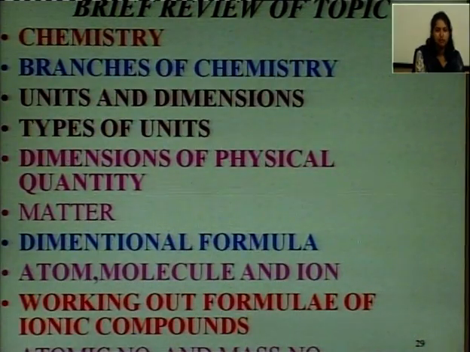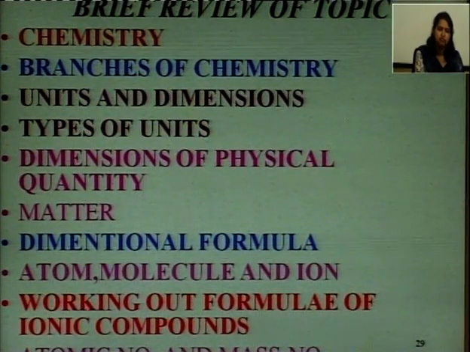What is the dimensional formula? The dimensional formula is the expression which shows which of the fundamental units, and with what powers, are taken in the expression of a derived unit. Then I explained atom, molecule and ion.